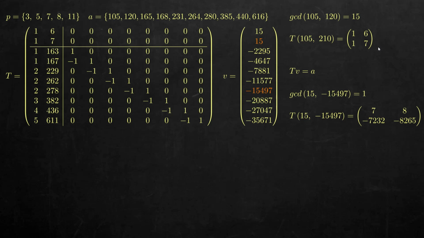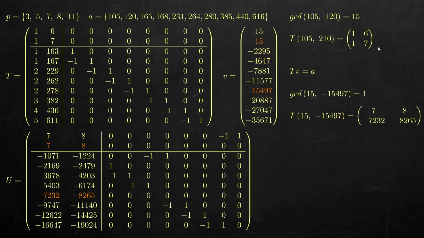And we build the unimodular matrix of these two elements, here being 15 and minus 15, 497. Then we build our second unimodular matrix, mapping the vector of 1s to the vector V.